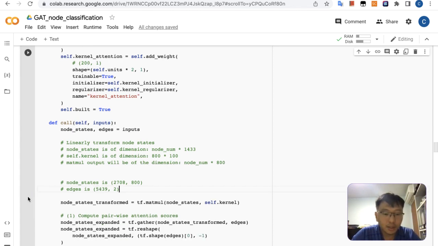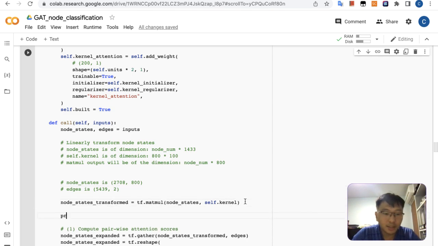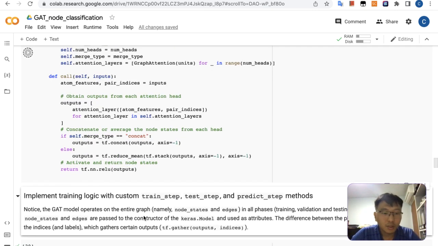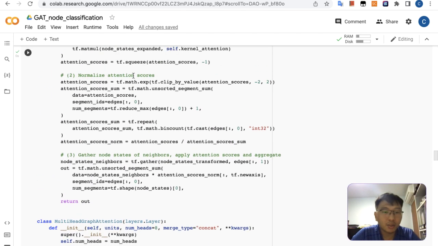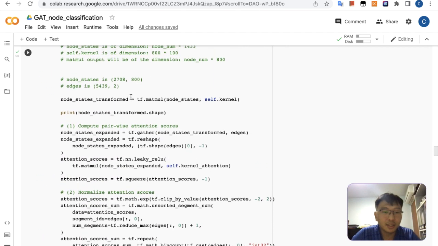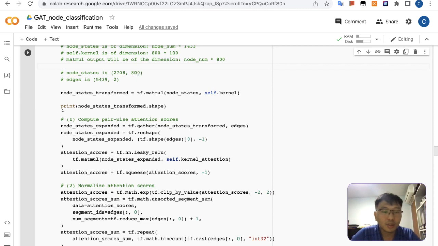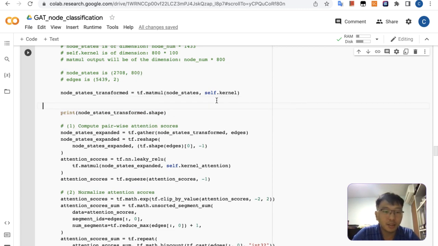So now what we need to do is to find out what is this shape over here. We could do this just to find out what exactly is being done here in this first step. So let's just print out this one. I expect this thing to be node states transform.